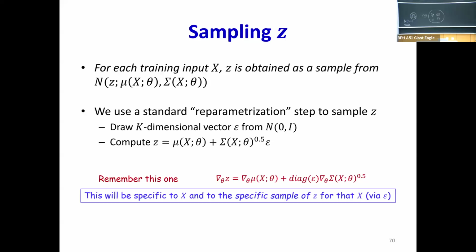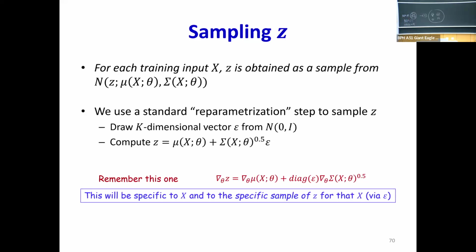But if I want to sample from a Gaussian that has mean mu and variance I, how would you do this? What would you do? Add a mean. I can just add a mean, right? This is easy. If I want to sample from a Gaussian which has mean mu and variance sigma squared, then what do I do?